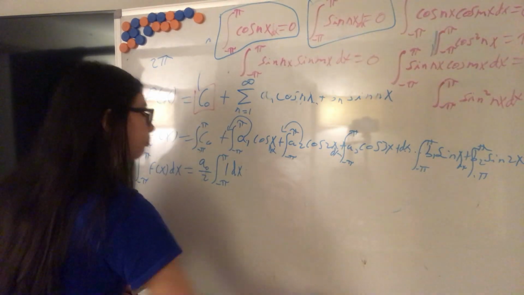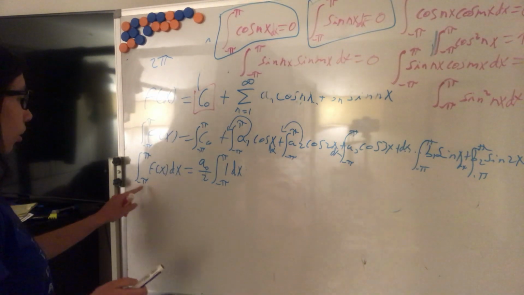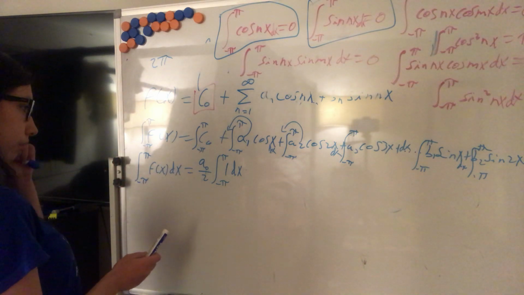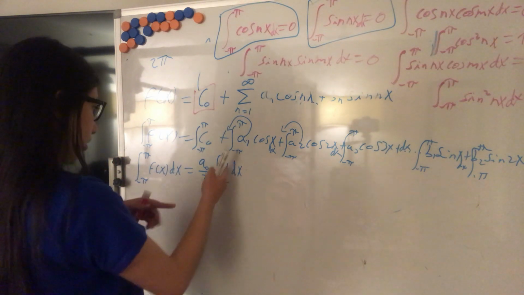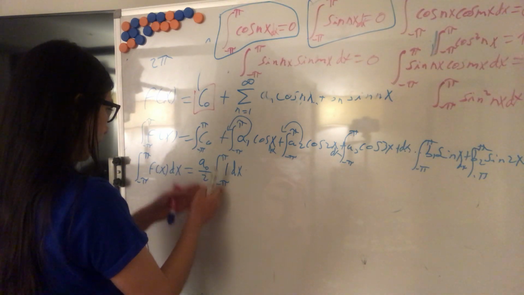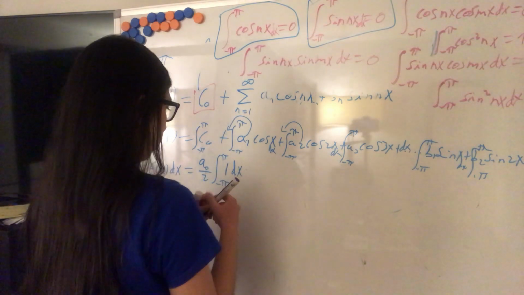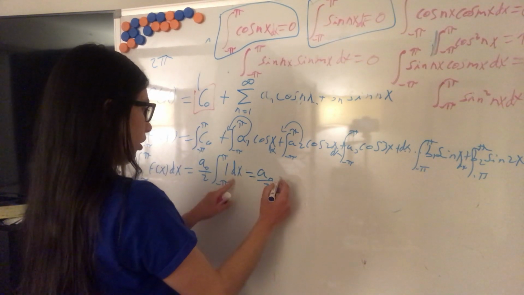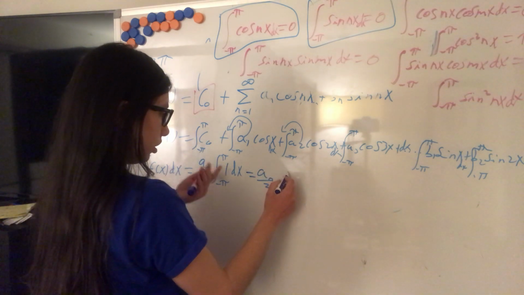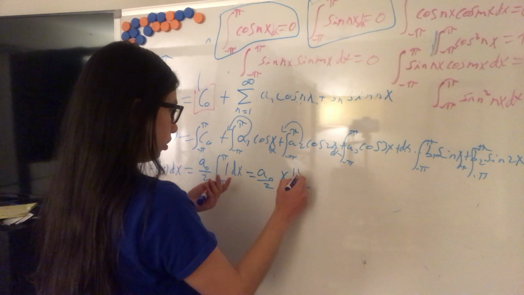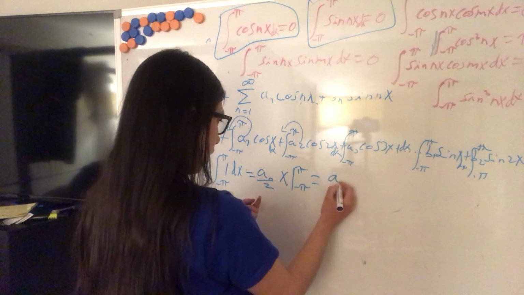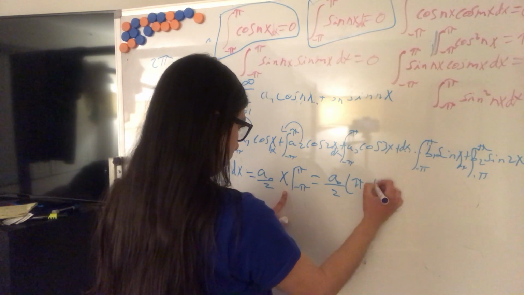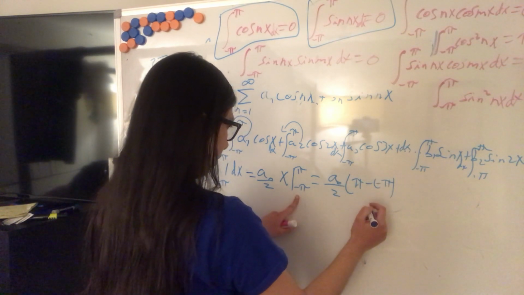The integral of 1 with respect to x is x, from minus pi to pi, which is pi minus minus pi.